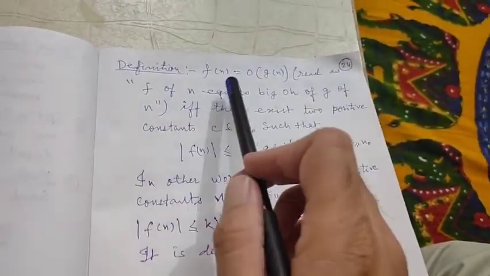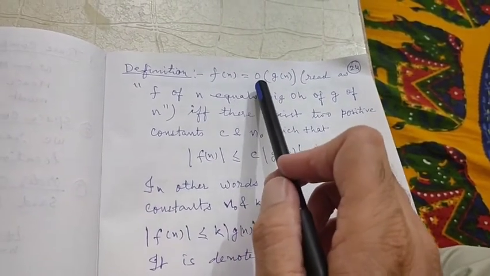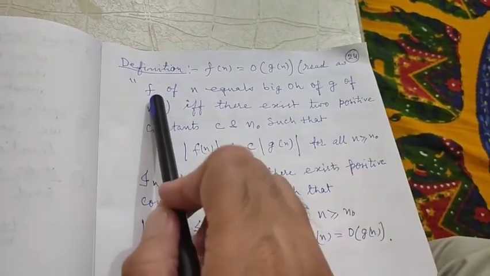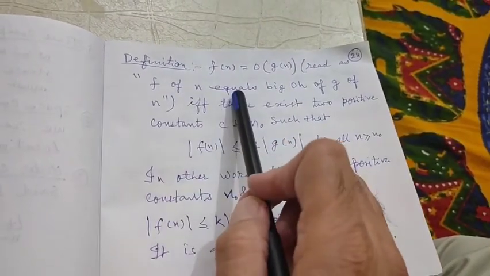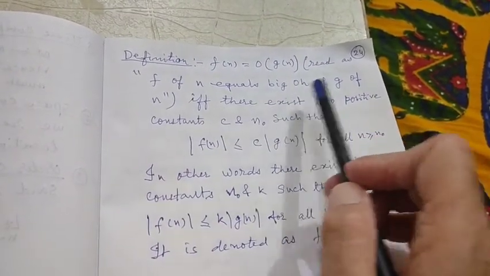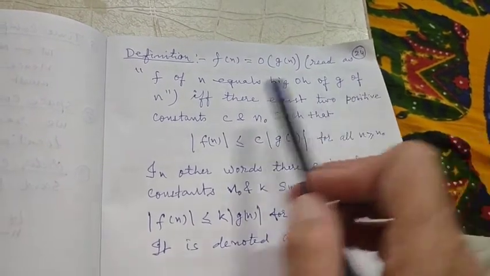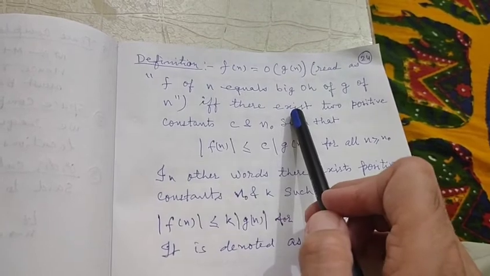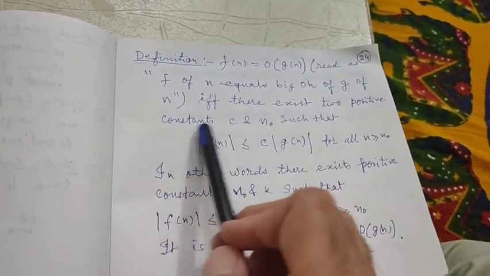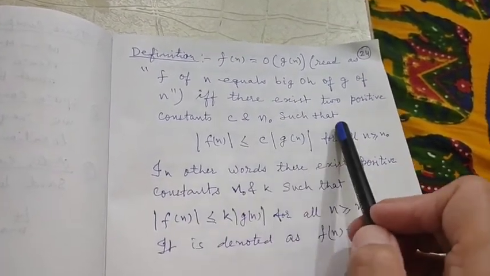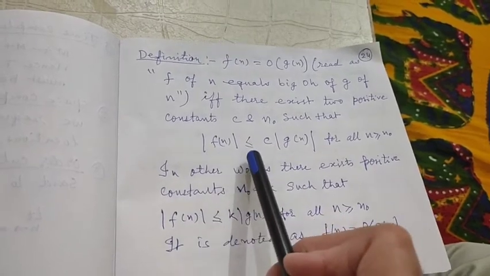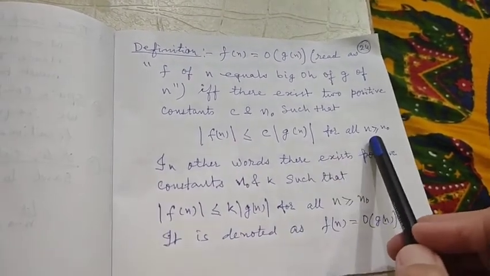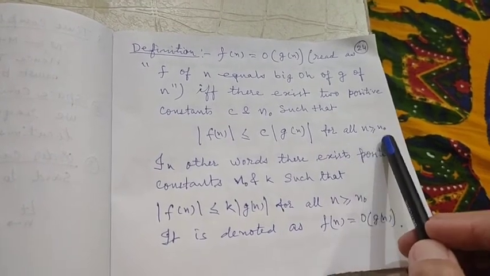Definition: f(n) equals O(g(n)) if and only if there exist two positive constants c and n0 such that f(n) is less than or equal to c times g(n) for all n greater than or equal to n0.